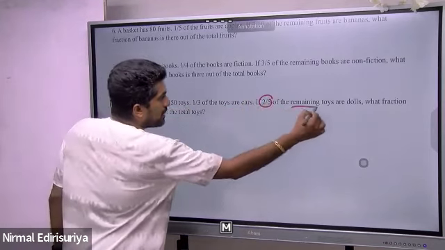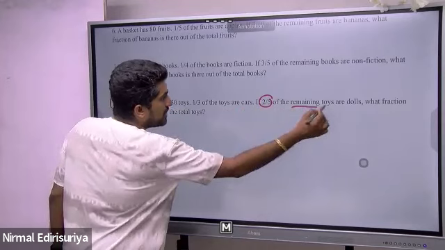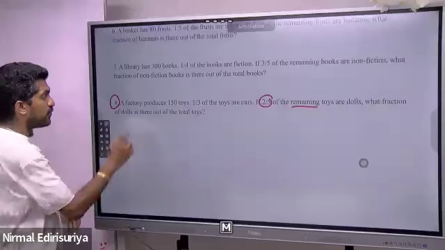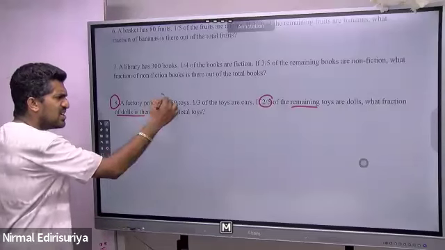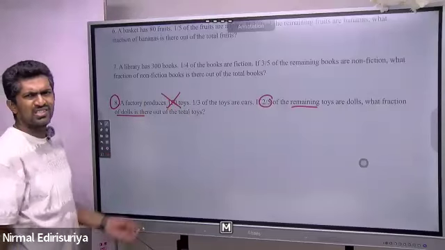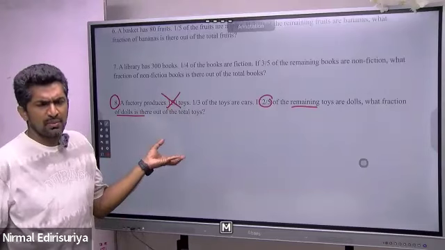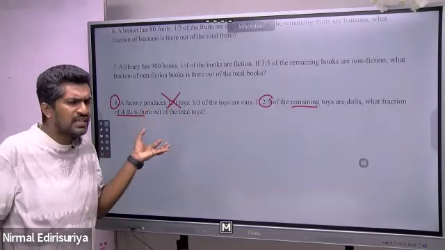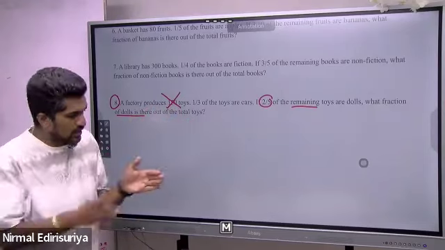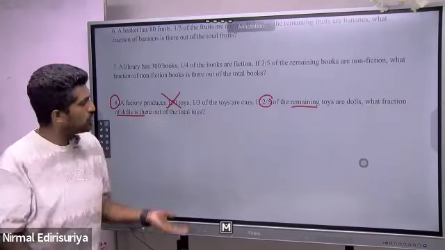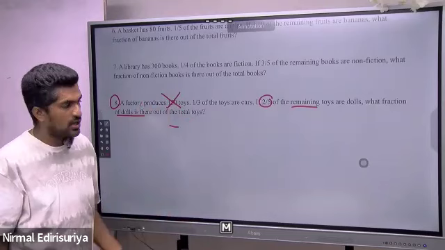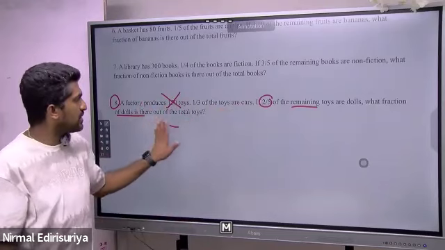Two-fifths of the remaining are dolls. What fraction of dolls is there out of the total toys? Here you don't need to consider the 150 because they didn't ask anything about the values. Here you have to concern yourself with the fractions.